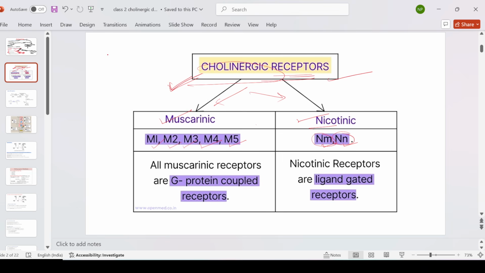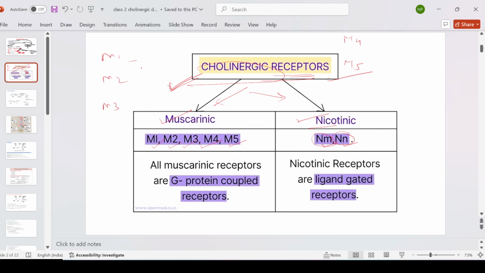Okay, so this is M1, this is M2, then M3, M4, M5.